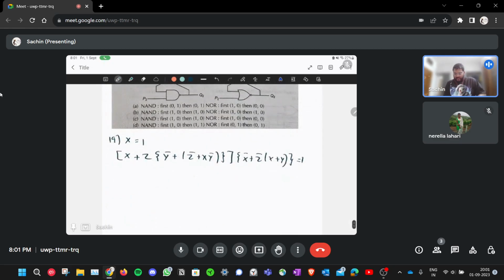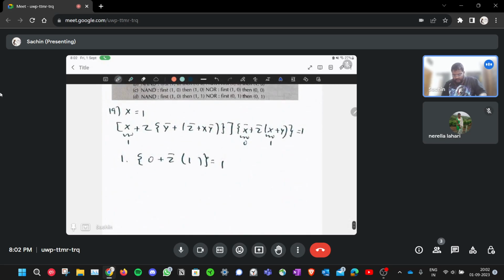Now since x is equal to 1, this is 1, and 1 plus anything is 1. So this entire first term is 1. So you'll get 1 times. Here x bar is 0, 0 plus z bar into, here x is 1. Again 1 plus y is 1. So this thing is 1 is equal to 1.